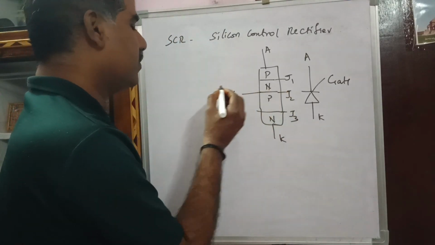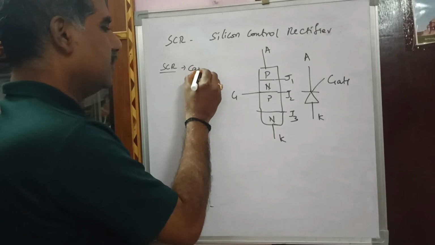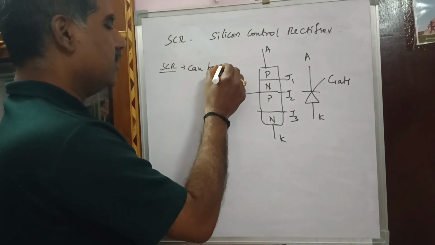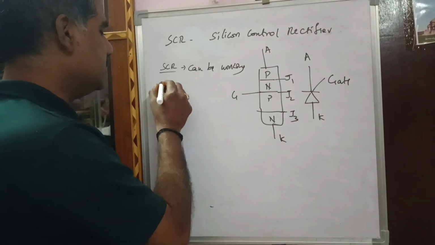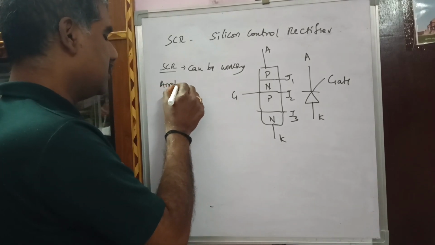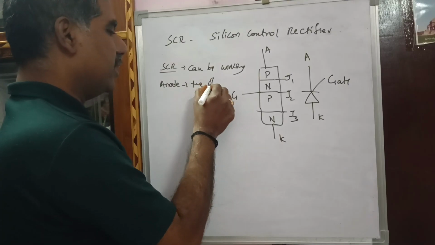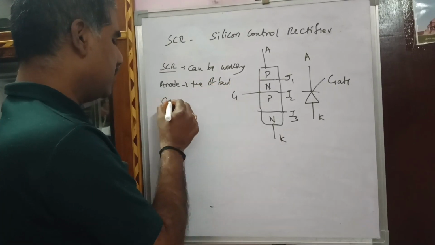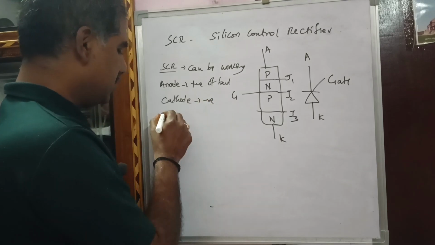Regarding the working of the SCR, the anode is connected to the positive terminal of a battery, whereas the cathode is connected to the negative terminal of the battery.